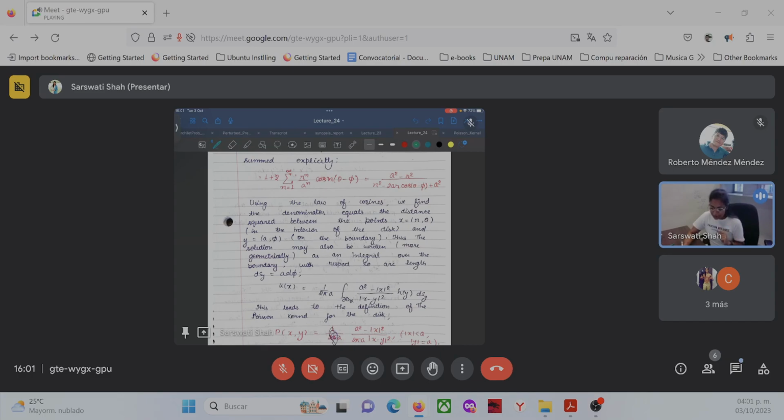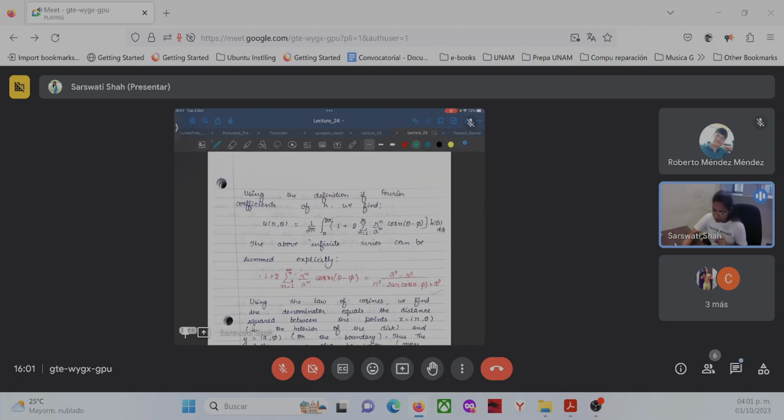Using the law of cosines, if you focus on this denominator, this denominator is equal to the distance squared between the point (r, theta) and (a, phi). This is a distance in polar coordinates between (r, theta) and (a, phi). So basically, just try to understand. I am drawing the figure.